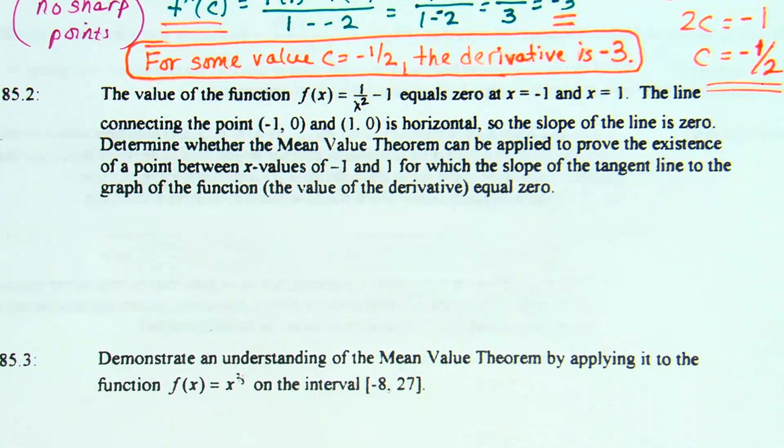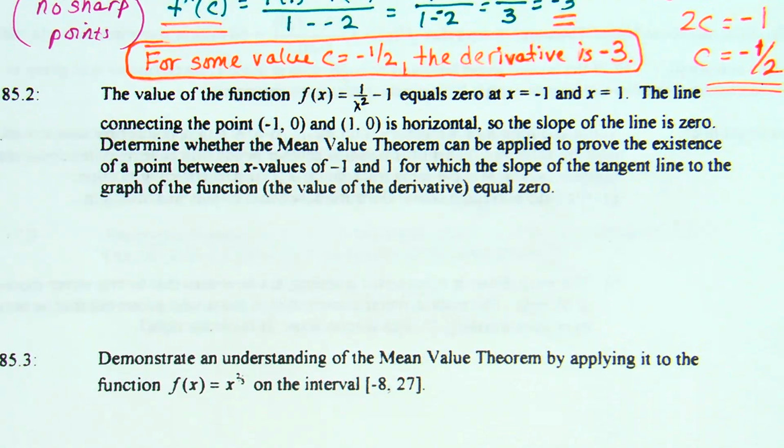So, let's see. We have a function, right? f of x equals 1 over x squared minus 1. It equals 0 at -1 and 1. And it talks about between there, right? Can be applied to prove the existence between the x values of -1 and 1.